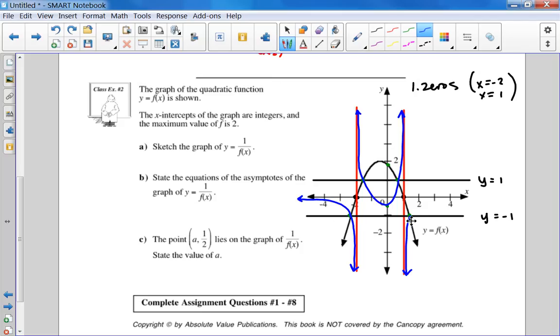It is a mirror of this blue part. So as this black line goes down to the right, this one should go up to the right, but you have to stop at the horizontal asymptote. The horizontal asymptote is y equals 0. Vertical asymptotes at x equals -2 and x equals 1.